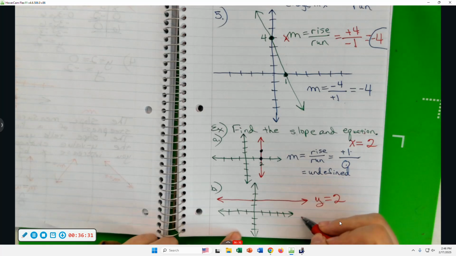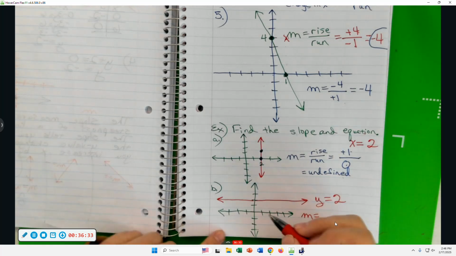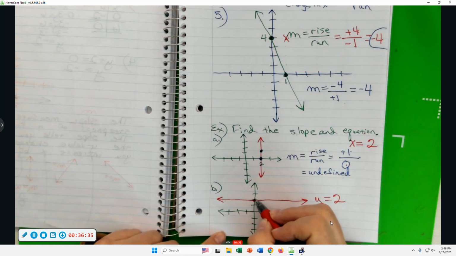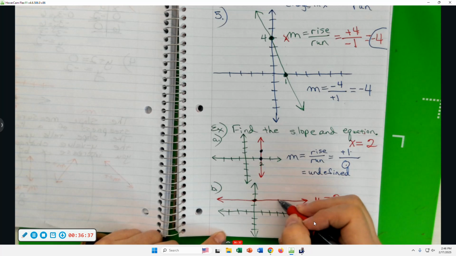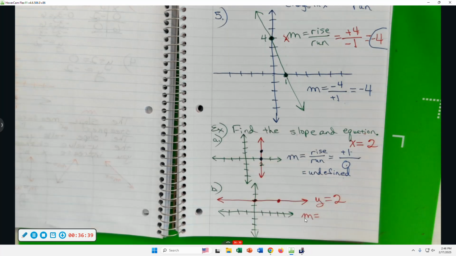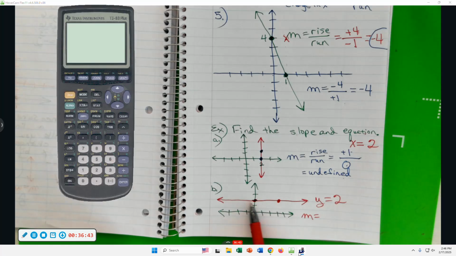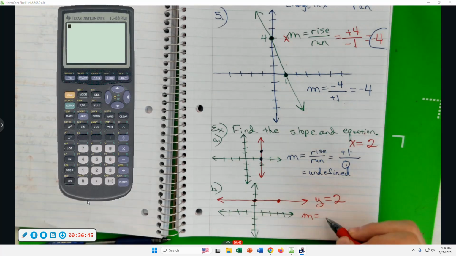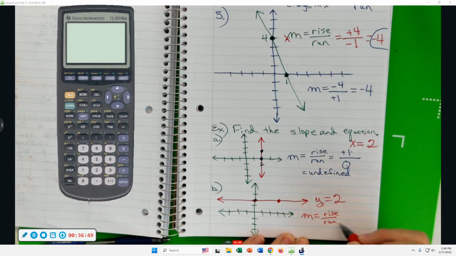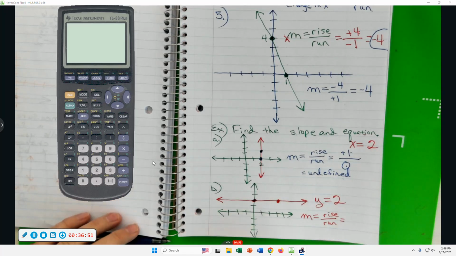Now what about the slope? I'll label 2 points on the graph, there and there. I could use any 2 points. I'm going to use these 2 points. Let's use rise over run. Well, I'll just start at the point on the left since there's not one above the other.